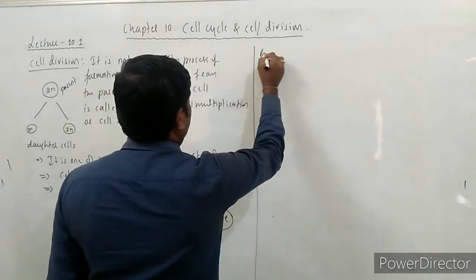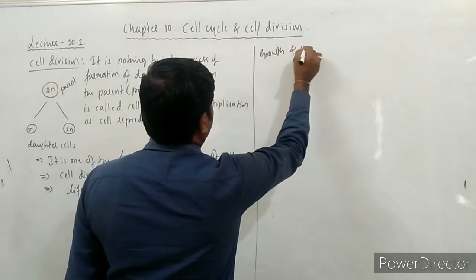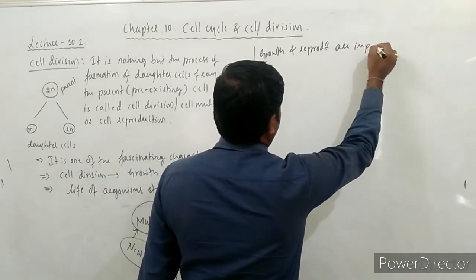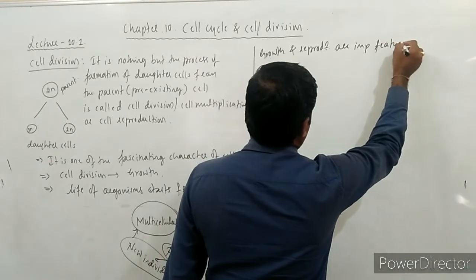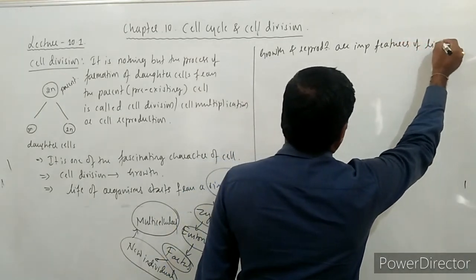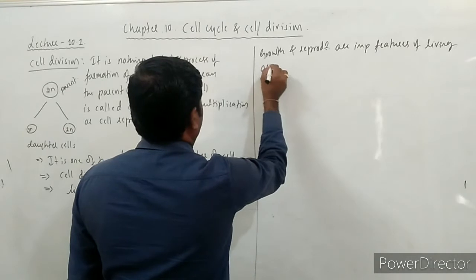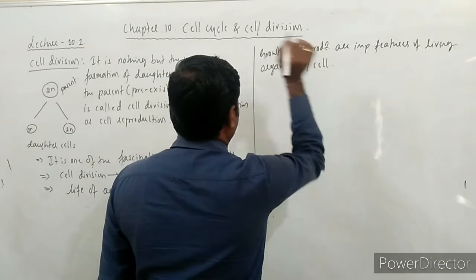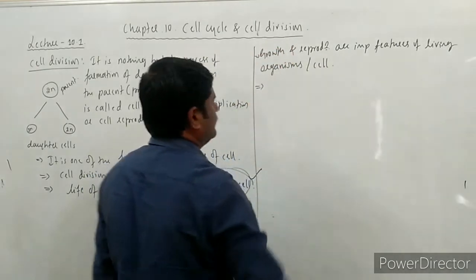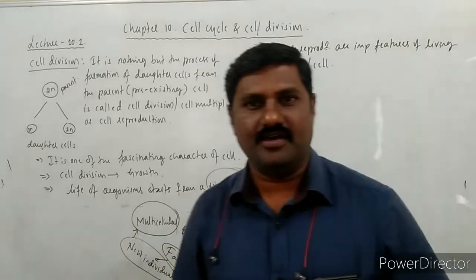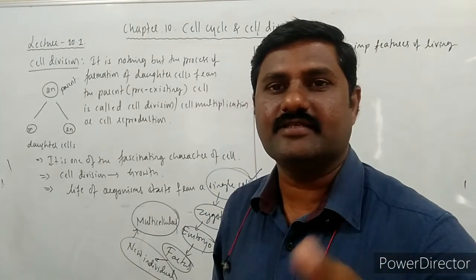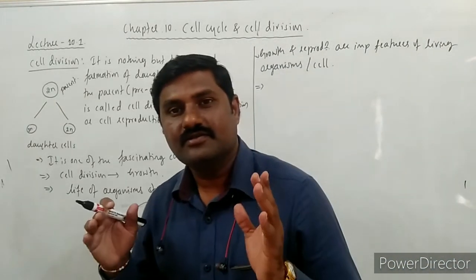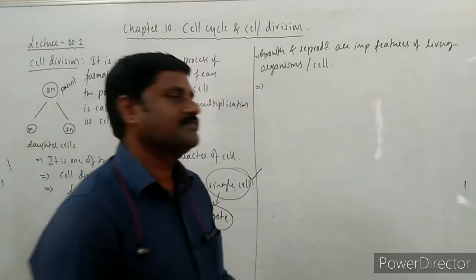Remember, growth and reproduction are important features of living organisms, and even the cell also. It is the characteristic feature of a cell, and simultaneously it is the characteristic feature of all living organisms. So this is a very important aspect to be remembered.